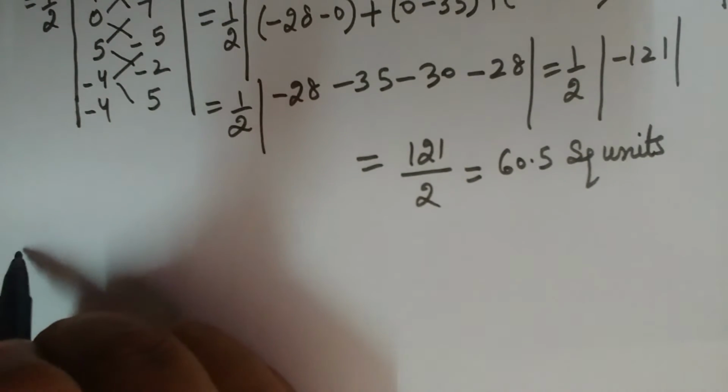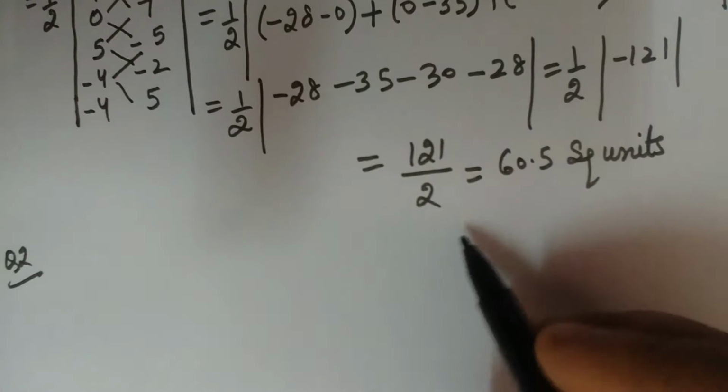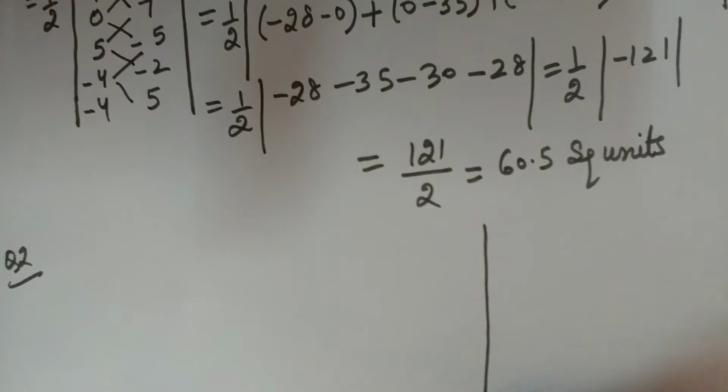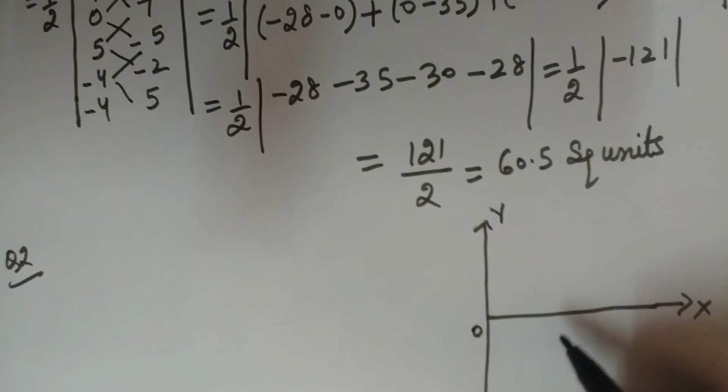Question number 2 is the base of an equilateral triangle with side 2A lies along the y-axis. Okay, so let us take, this is the y-axis, right? And I'll just draw the half of this portion, whatever my requirement is.